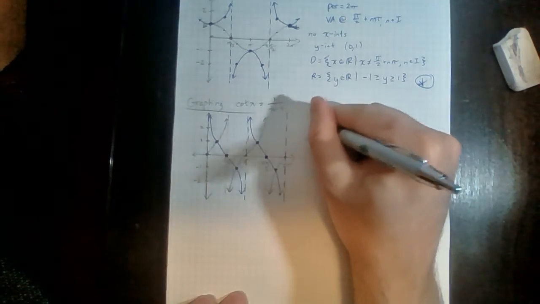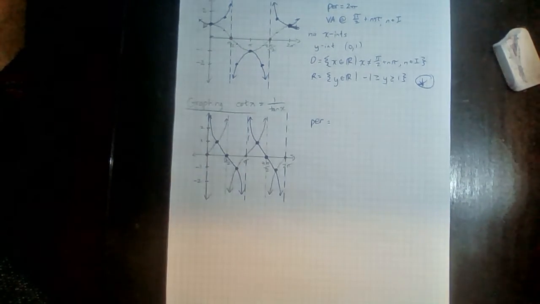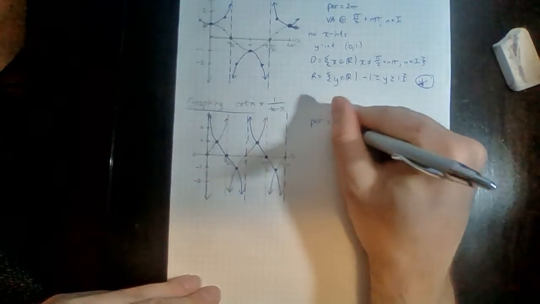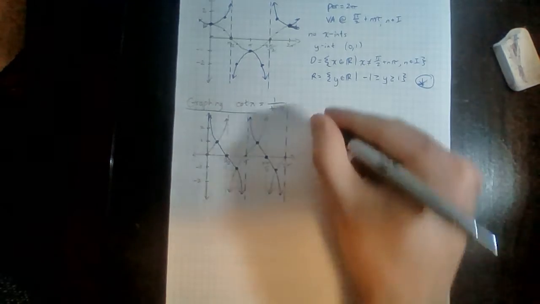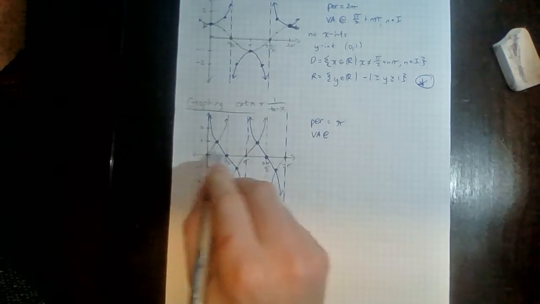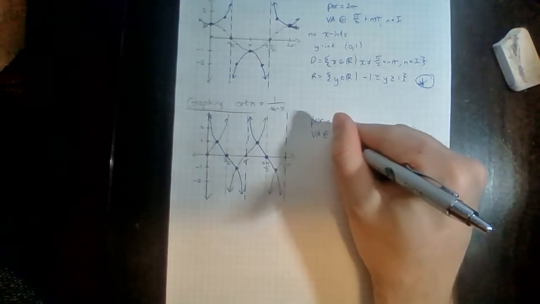So our period for this function, similar to tan, we're completing one cycle every pi. We have a vertical asymptote every multiple of pi.